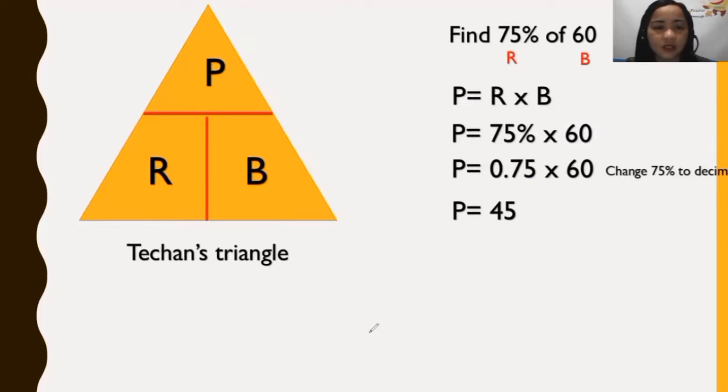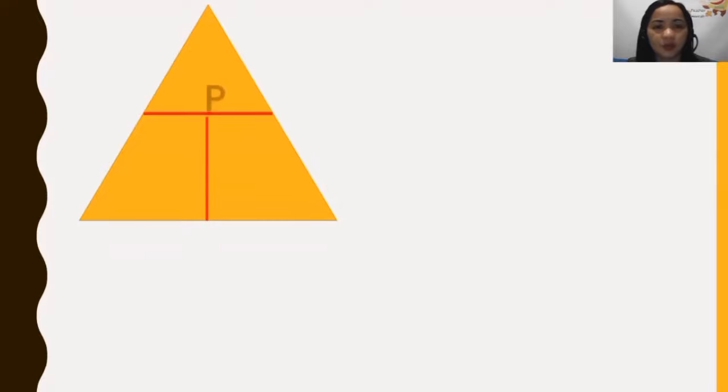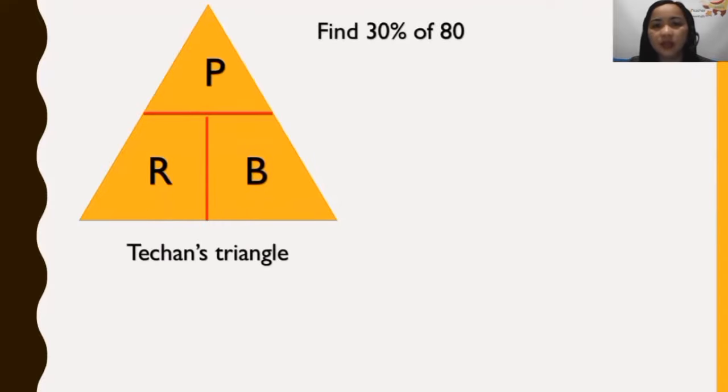Now let's proceed to the next example. We have: find 30% of 80. So let's identify first. It has the percent symbol, so that will become the rate.